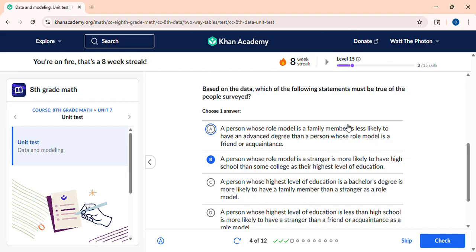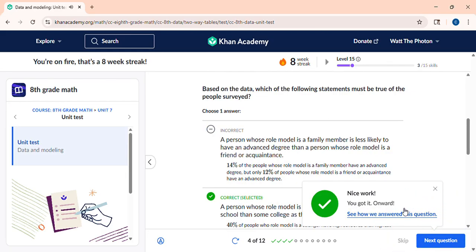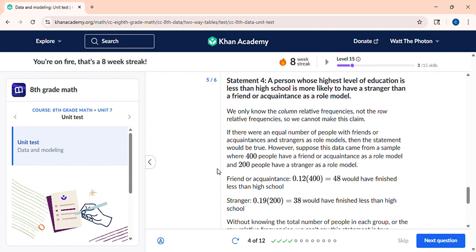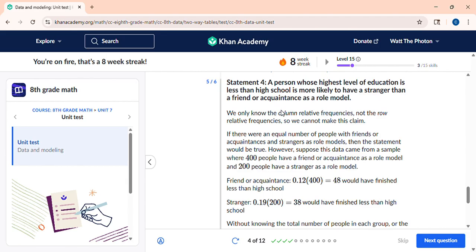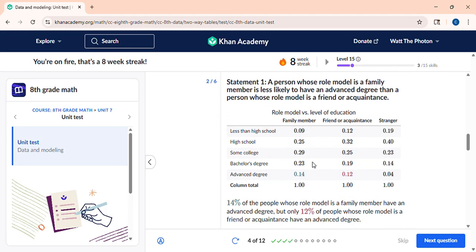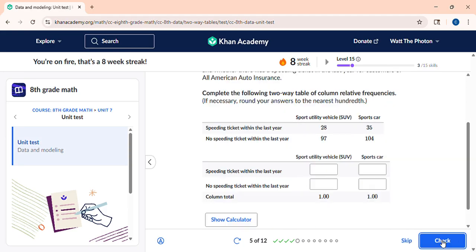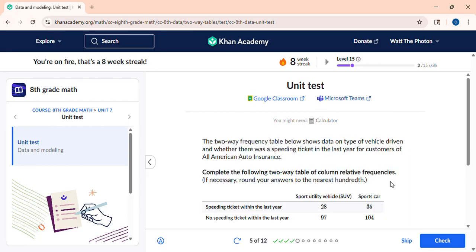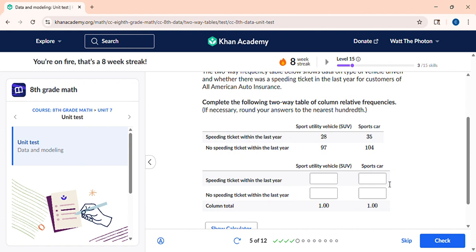Must be true. It's this. We only know the column frequencies. It felt strange to just have a D and C. Two ratios. So is it percentages?